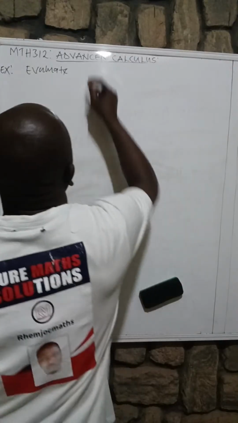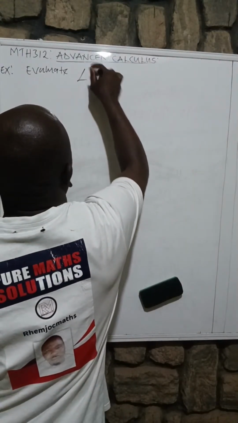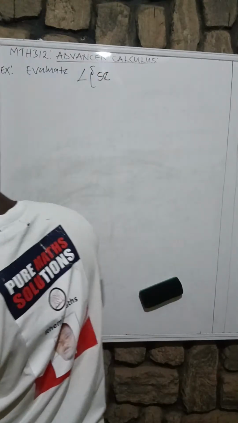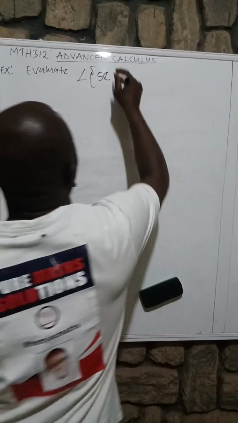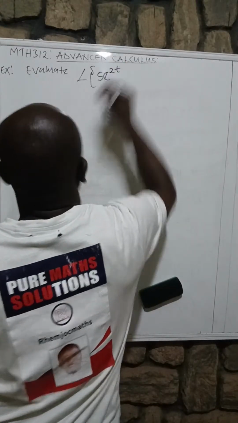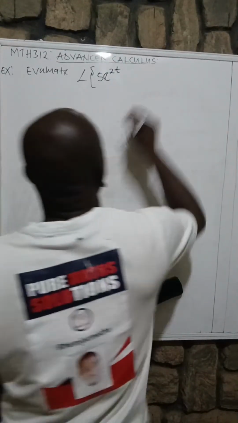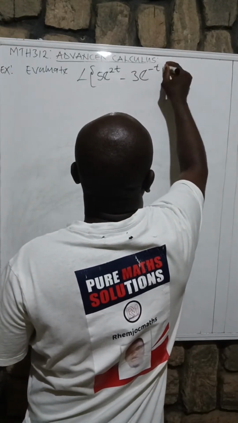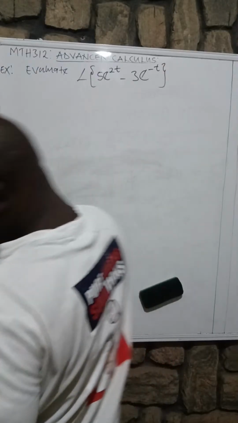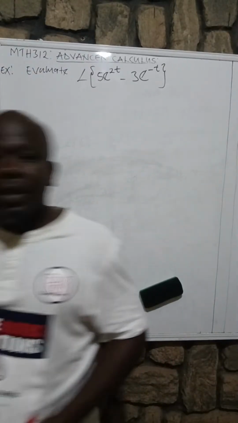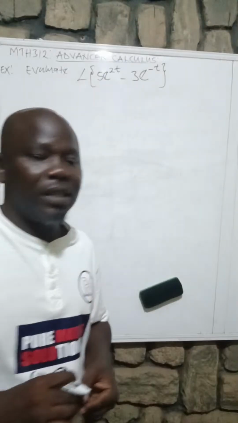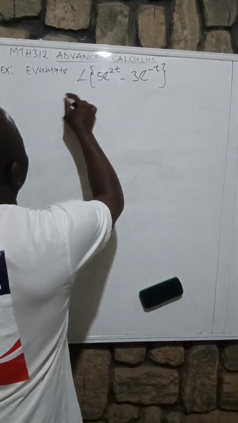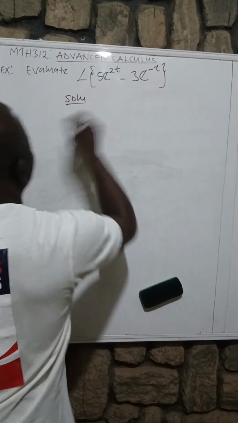Evaluate Laplace of 5 exponential 2t minus 3 exponential minus t, right? I think this is simple as ABC. Is that clear? So it's the same approach.